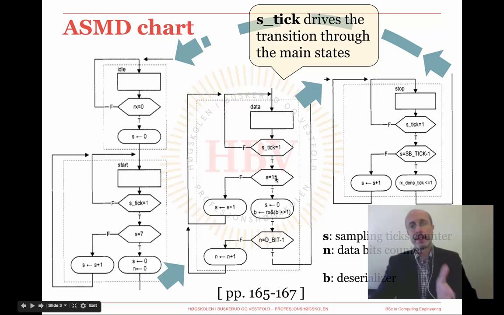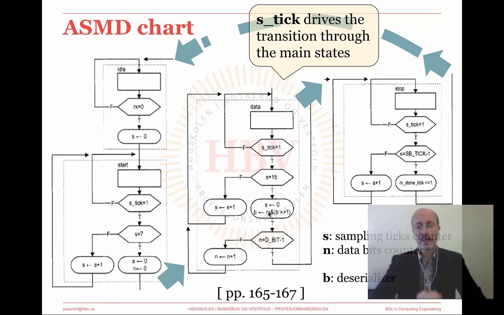So when the sampling ticks counter reaches 15, we know that it is time to reset the sampling ticks counter and to deserialize another bit. And deserializing in this case means reading the value that is present at the received data line and inserting it into the deserializer register. And of course, then check if this is the last data bit to be received.